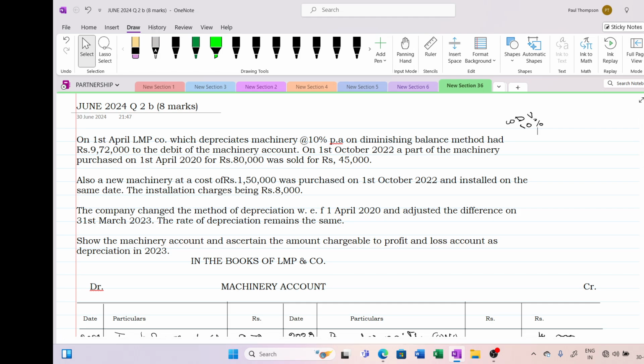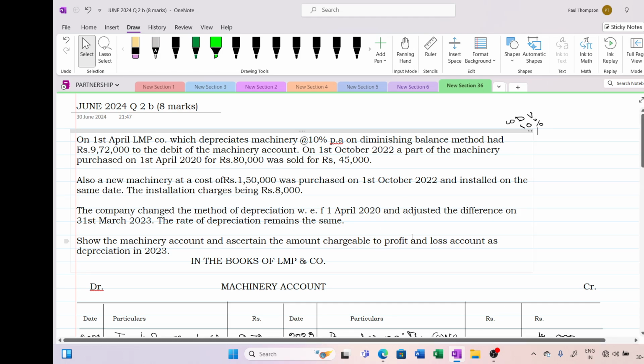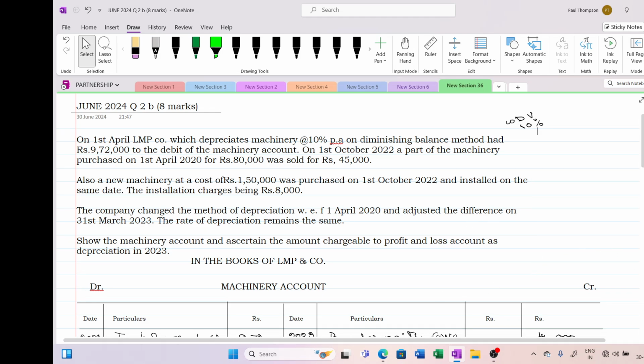The company changed the method of depreciation. They say that they have changed the method of depreciation with effect from 1 April 2020. This is the problem. Depreciation as per new accounting standards cannot be charged retrospectively, that is from the back date.